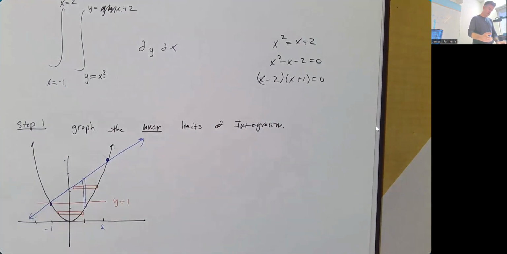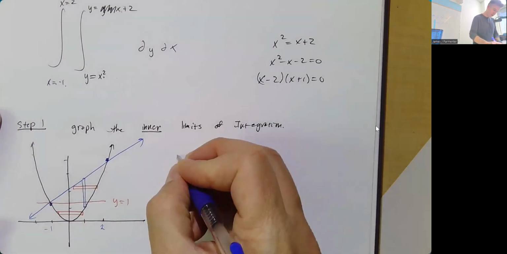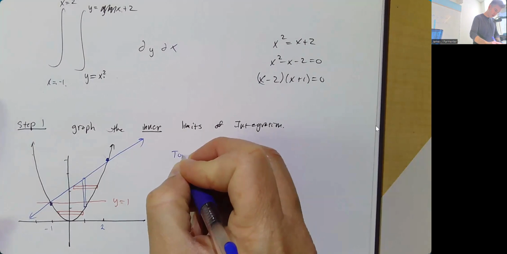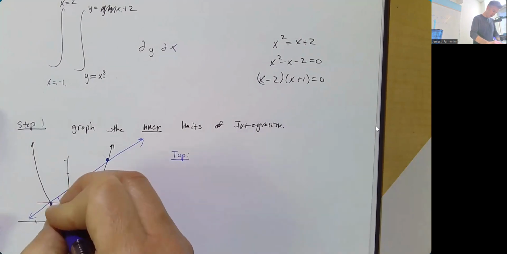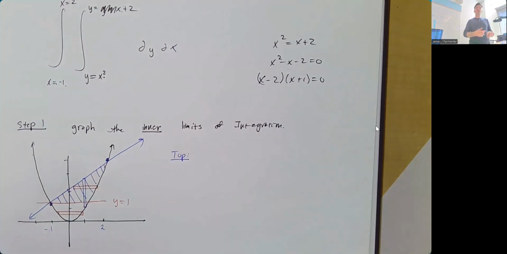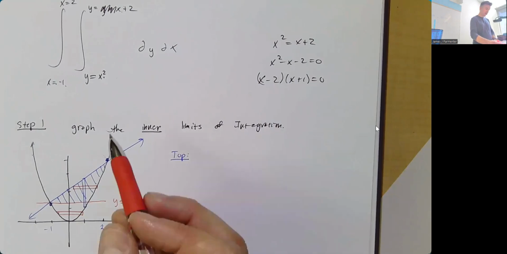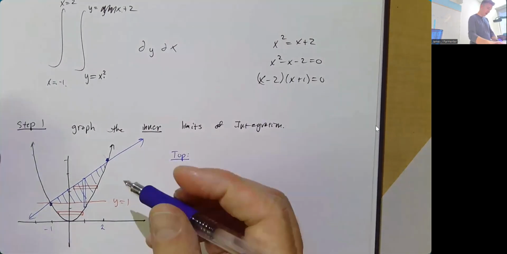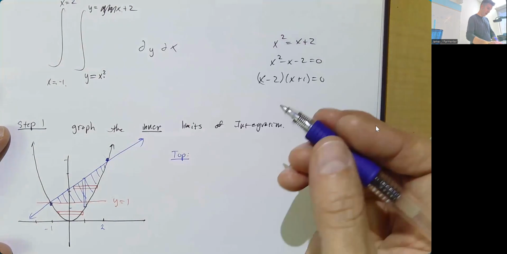So if we were going to do this, let's do the top part first. So the top part, meaning this part here, which I'm going to shade in like this, we do have to solve the functions for the other variable, right? Instead of writing y equals x squared and y equals x plus 2, this blue line, we should solve for x and get x equals y minus 2.